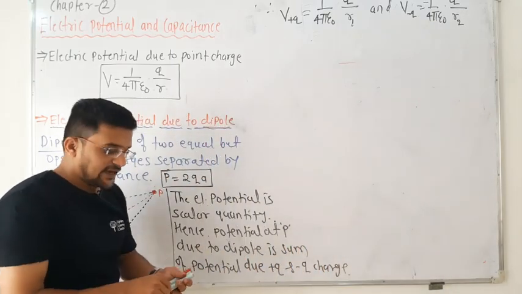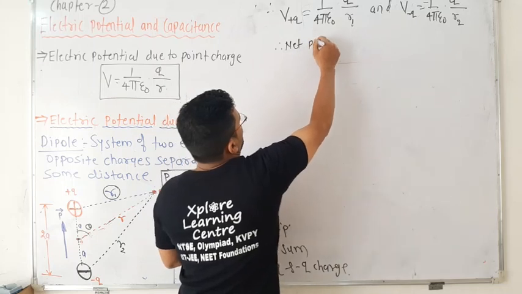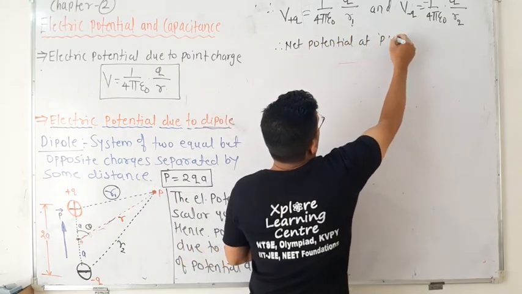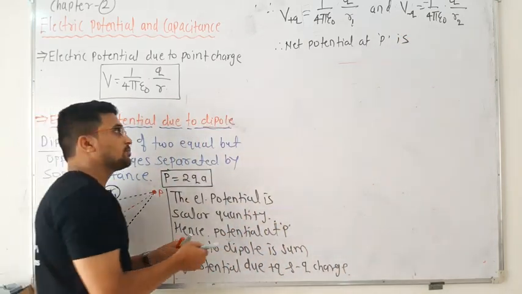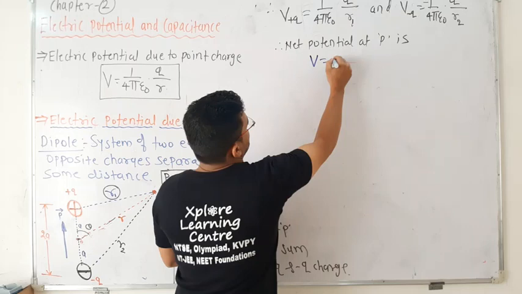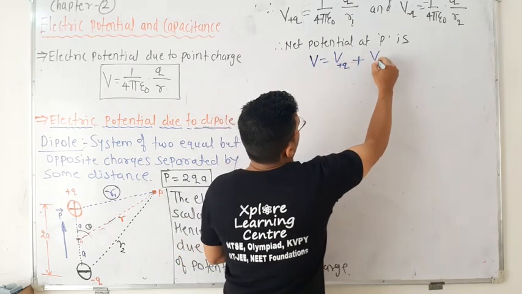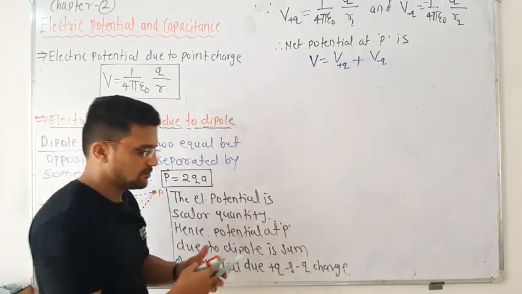Okay, so the net potential at P due to the dipole is V equal to V plus q plus V minus q. You have to just simply add them.